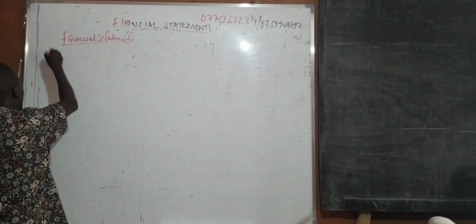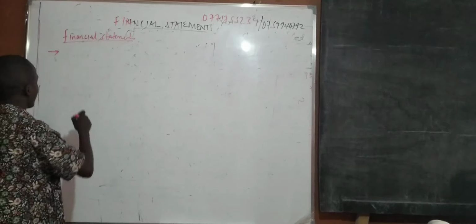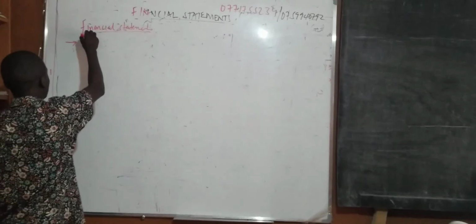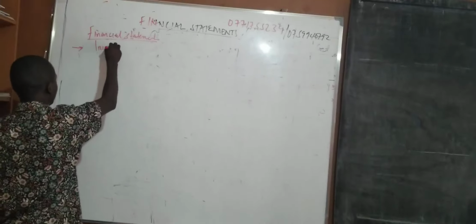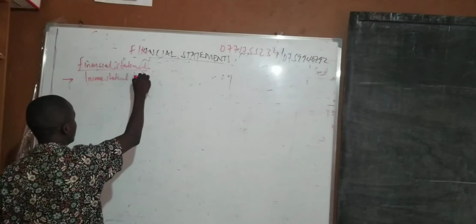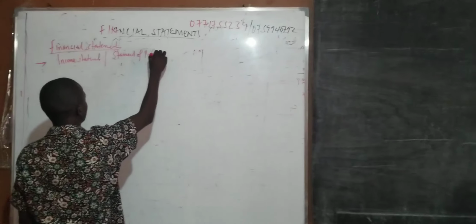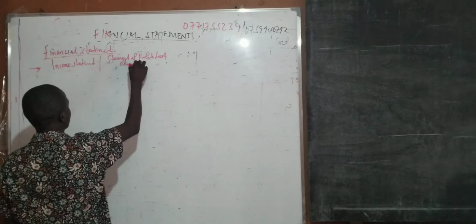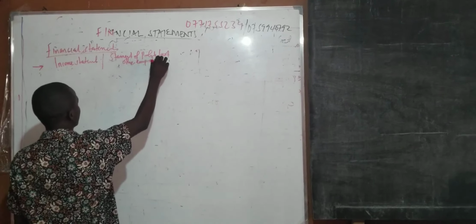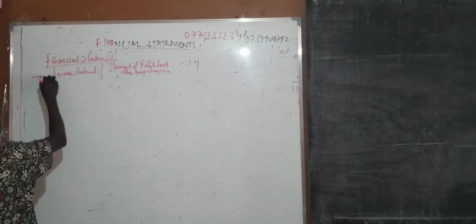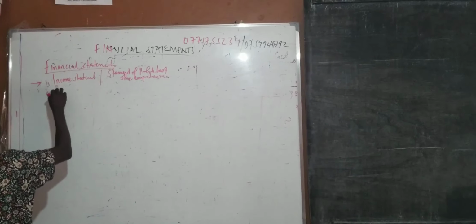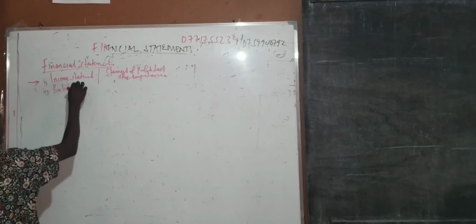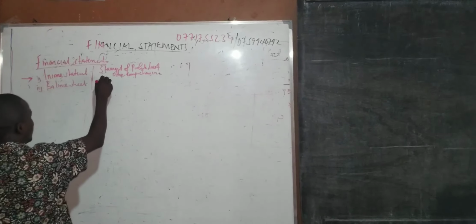And in accounting we have various financial statements. So the categories. One, we have the income statement, stroke statement of profit, loss, and other comprehensive incomes. The second one is the balance sheet, stroke statement of financial position.